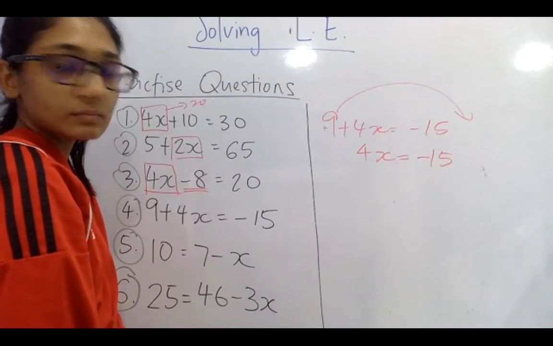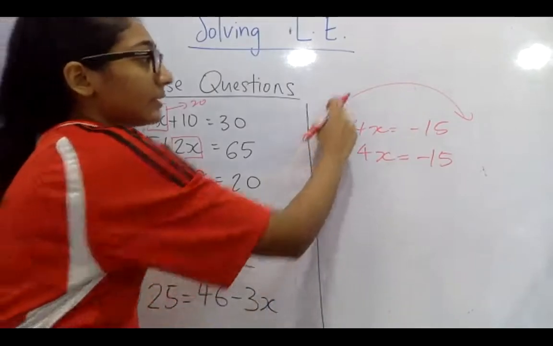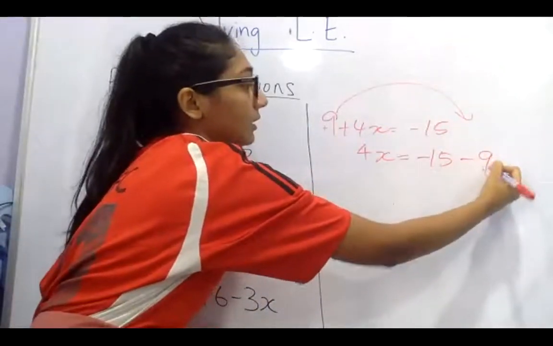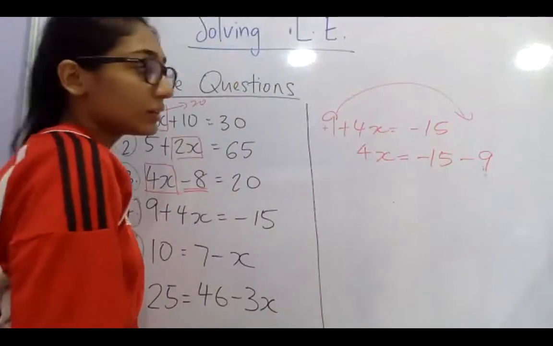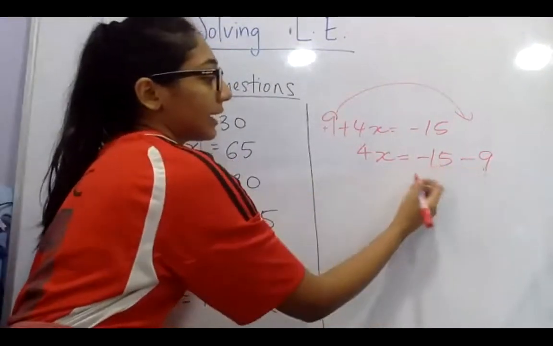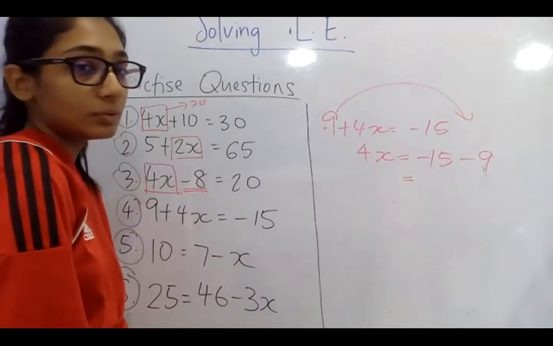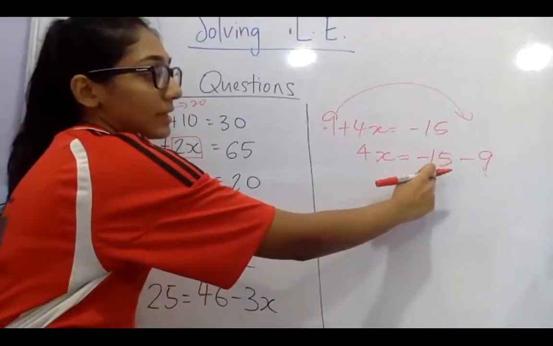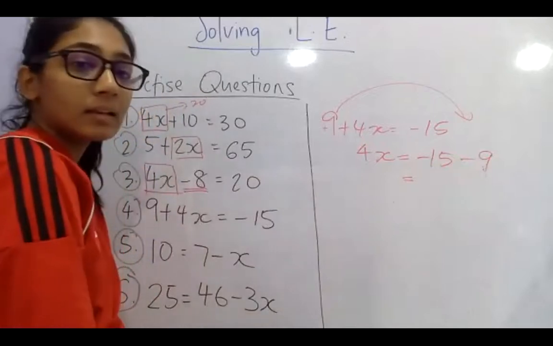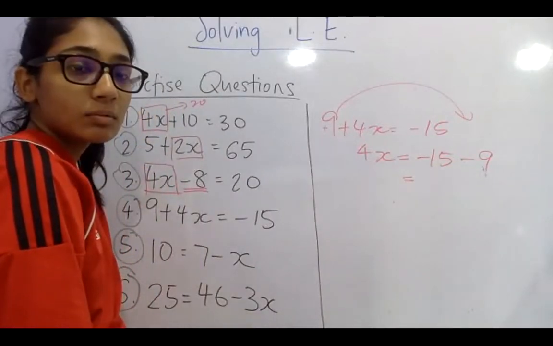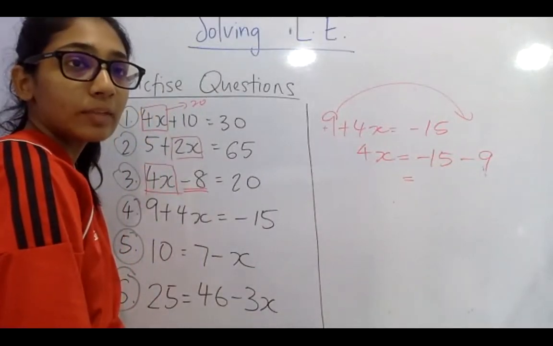Oh, minus. So if plus 9, I bring over to the other side will be minus 9. So minus 15 minus 9 will be? Minus 6. No. You owe someone 15 candies and then you owe them another 9 candies. So how much do you owe them altogether?